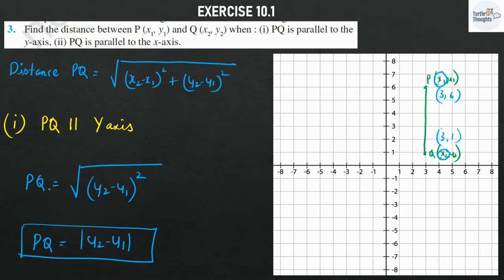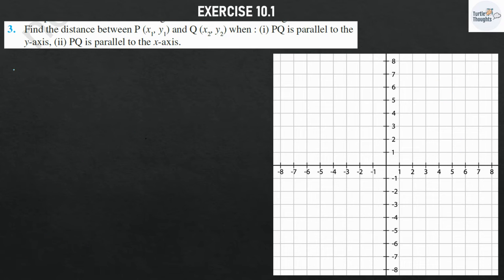So this is the distance PQ when PQ is parallel to the y-axis. Similarly, the distance PQ is again given by the distance formula, the root of (x2 minus x1) whole square plus (y2 minus y1) whole square.